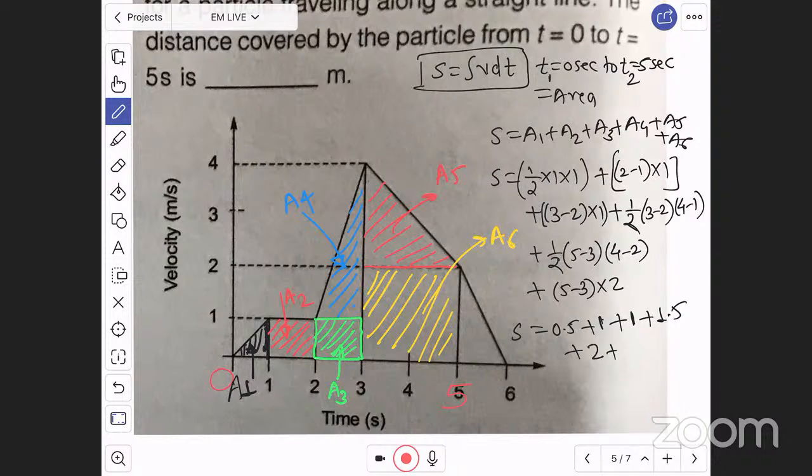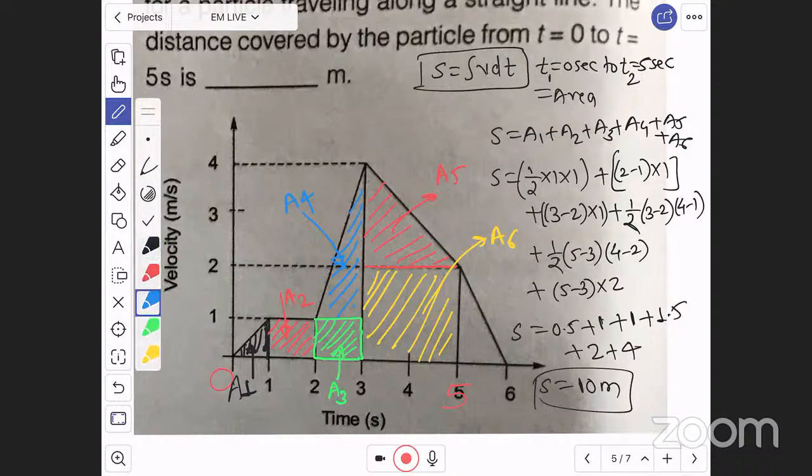Therefore, S is equal to, solve this, add all of them. 1.5, 2.5, 3, 4, 5, 6, 10. Can I say this is 10? Answer is 10 meter. Therefore, for this question, your answer will be 10 meter. Here you have to type 10 meter for getting full marks. In fill in the blanks, you have to type 10 meter for getting full marks.